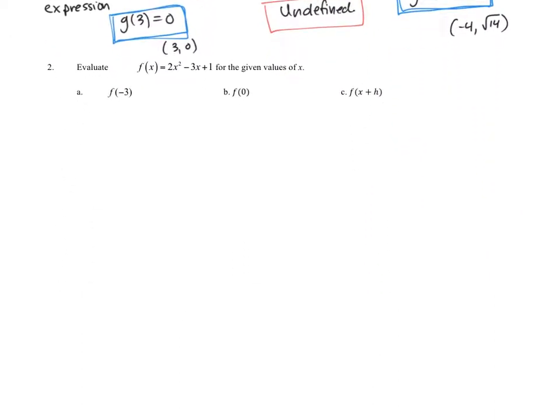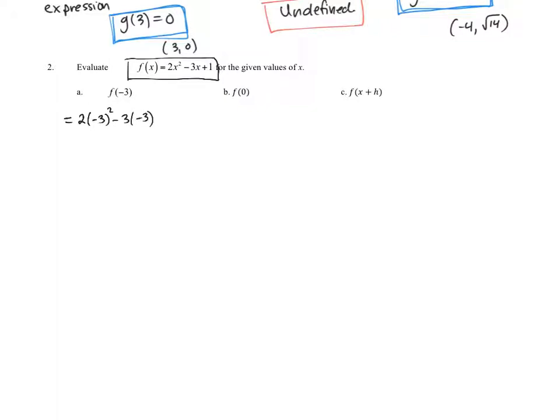Okay, let's try another one. Here I need to look for an equation named f, and here it is. So f of negative 3 means go to that function f, copy it down, but every time you see an x, replace it with negative 3.